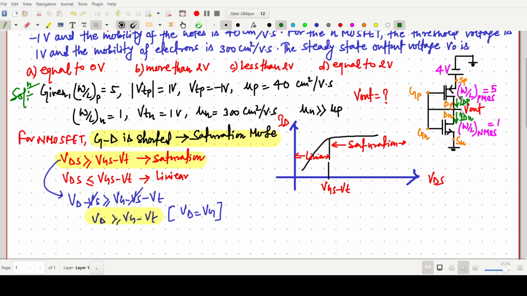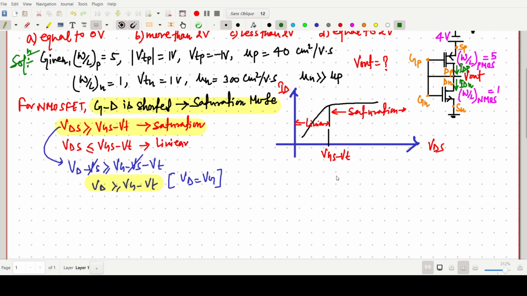Okay, because there is no connection outside, so all current is going from supply to ground. So we can say IDP equals IDN, and both are in saturation. I am writing saturation as SAT.